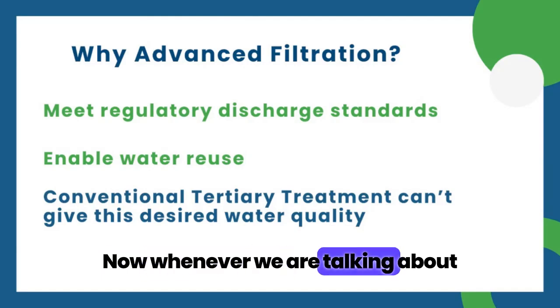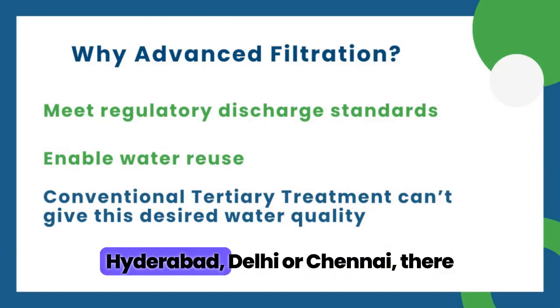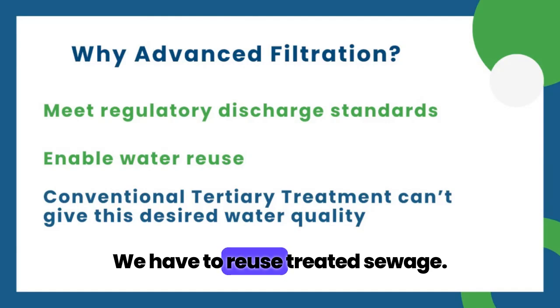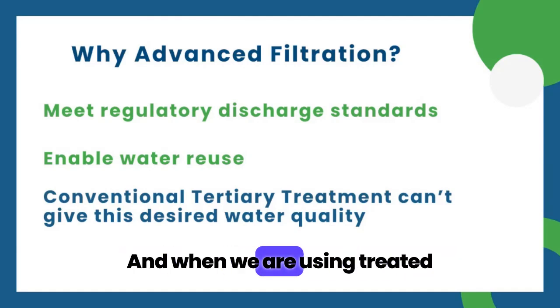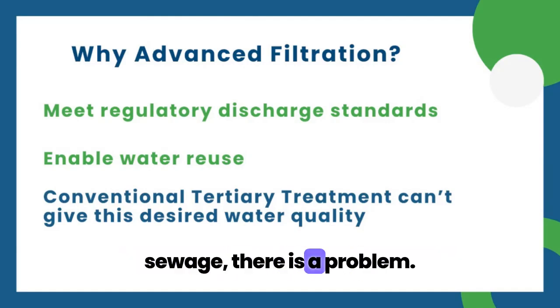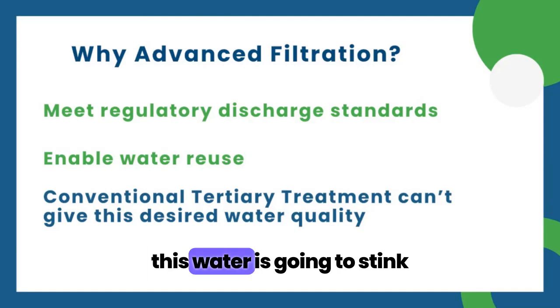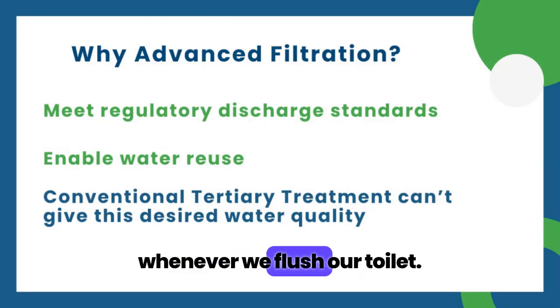Now, whenever we are talking about a city situation like Bangalore, Hyderabad, Delhi, or Chennai, there is tremendous water shortage. We have to reuse treated sewage. And when we are using treated sewage, there is a problem. If the BOD is 10, 15, 20, this water is going to stink whenever we flush our toilet.